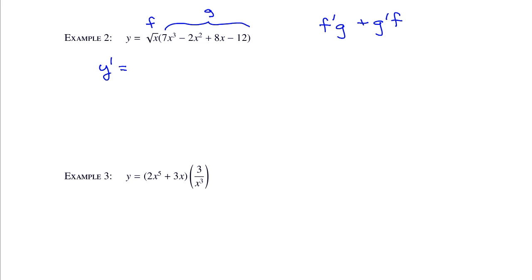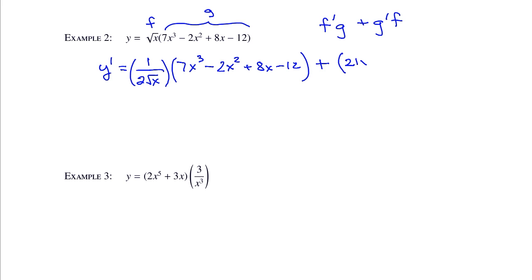So we take the derivative of the square root of x, which is 1 over 2 square roots of x, times the g function, unchanged, plus the derivative of the g function, which is 21x squared minus 4x plus 8, times the f function unchanged.